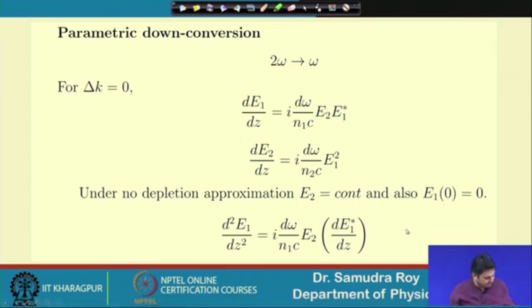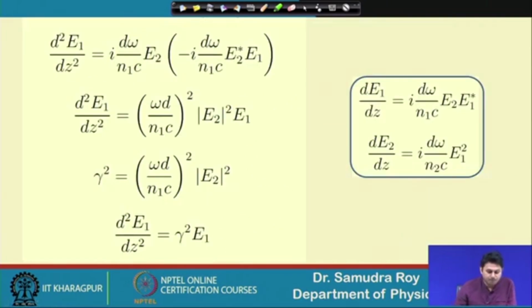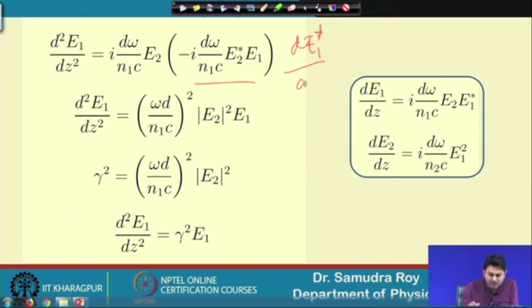Once we have this, the next thing is we replace in terms of d E 1 star d z, because d E 1 d z we already know this is the value.